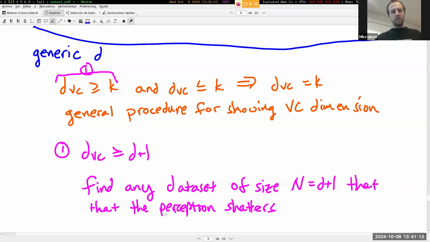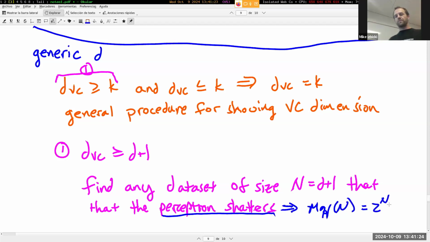This verb shattering, that the perceptron shatters, is equivalent to saying that mH of n equals 2 to the n. Again, lots of different definitions that we introduced last time in class, and people in fact use them all when they're talking about things. Different ones are convenient in different situations, and so you do have to be comfortable with all of them.